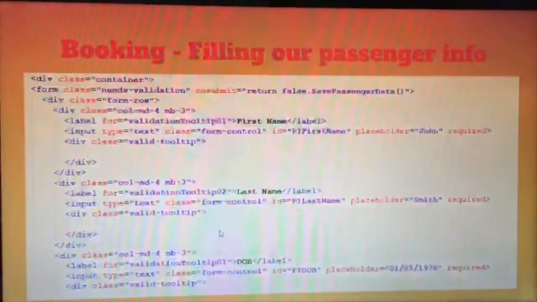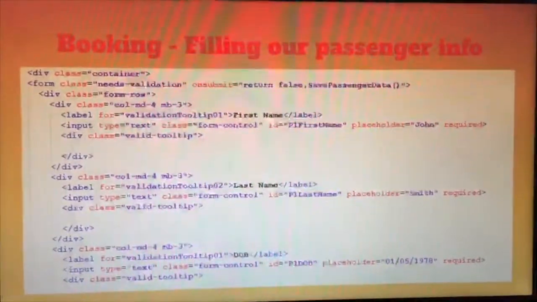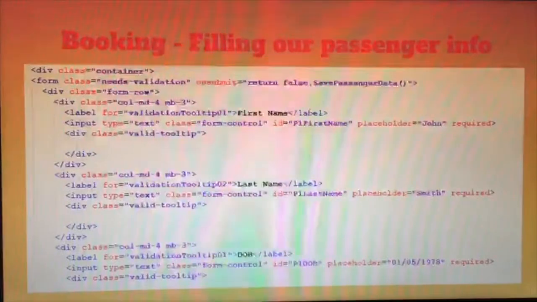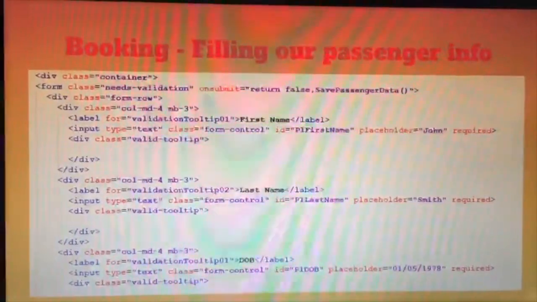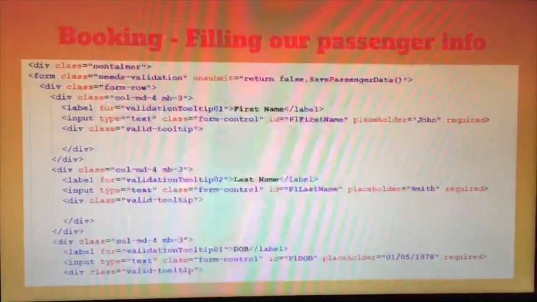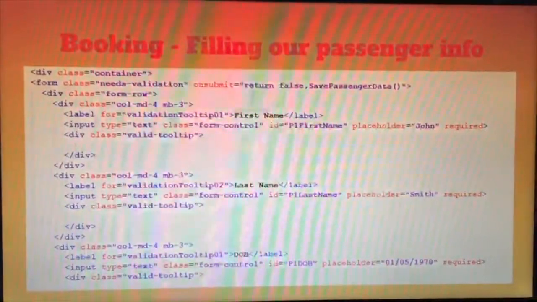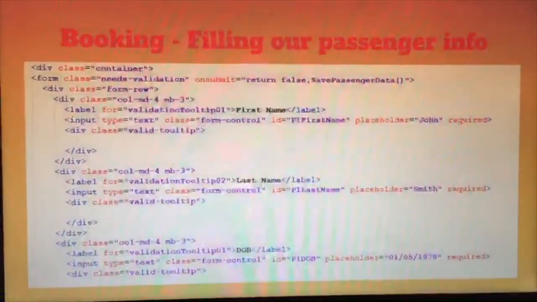And then the third part is the filling out of our passenger information. Now we offer up to 2 passengers aboard our travel booking. So the second passenger information is optional, but you have to fill out at least 1 passenger information, preferably passenger number 1. And this is just a code snippet of that.